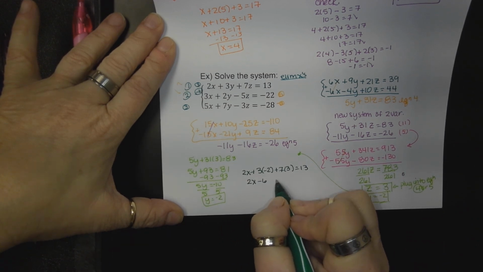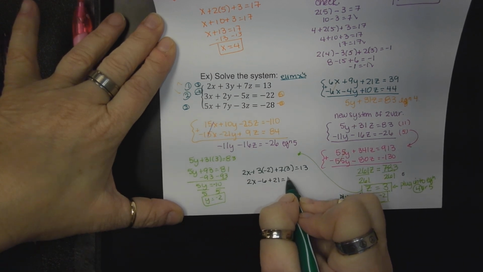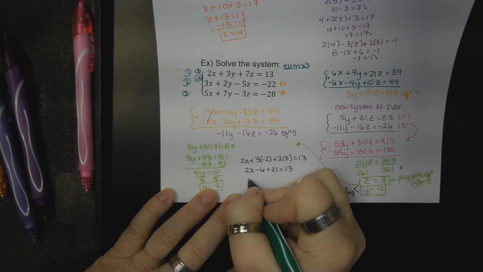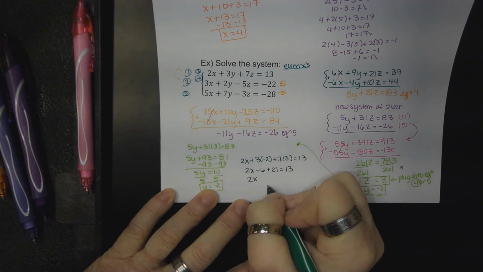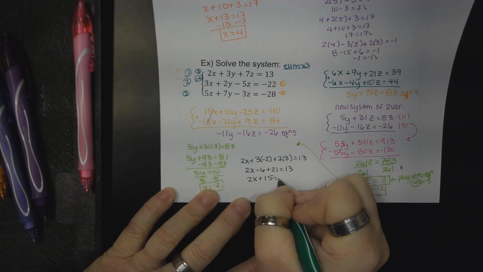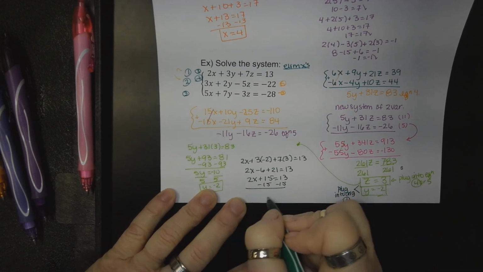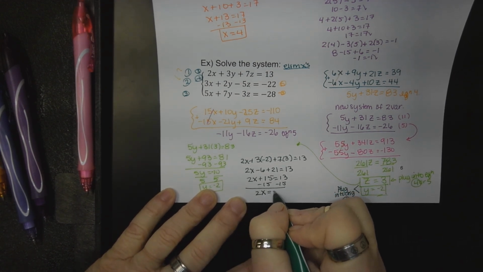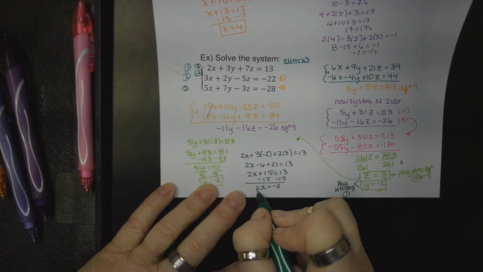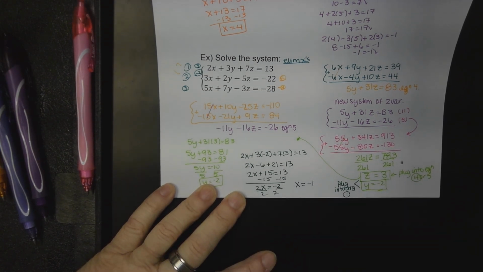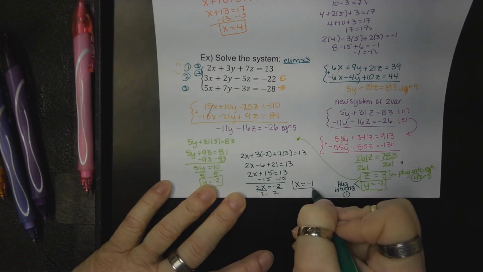So 2x minus 6 plus 21 equals 13. 2x plus 15 equals 13. Let's subtract 15 over. Divide both sides by 2, x equals a negative 1. So there's our third one.